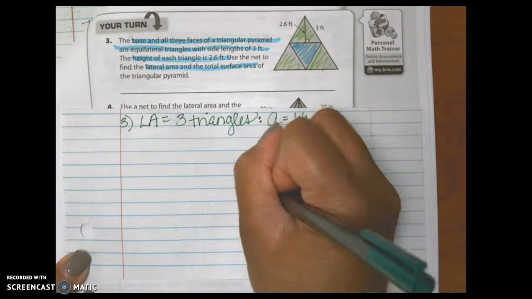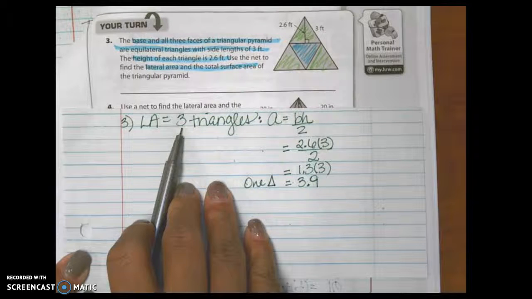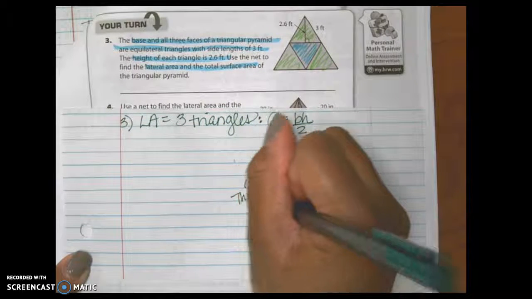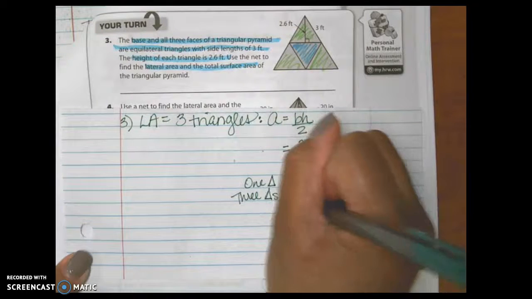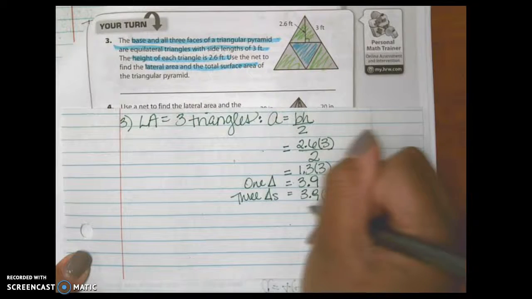This is 1 triangle. How many do I need? 3. So you can just multiply that times 3. Let's go. 3.9 times 3.